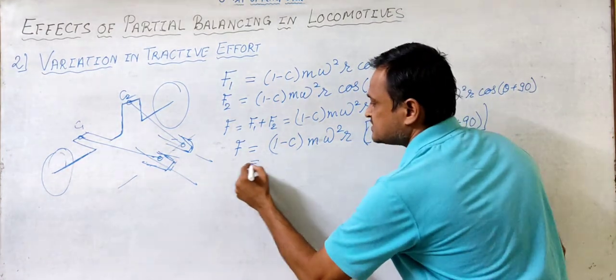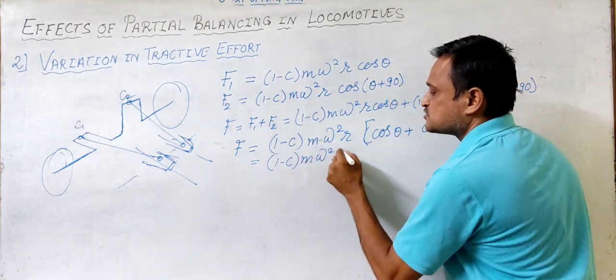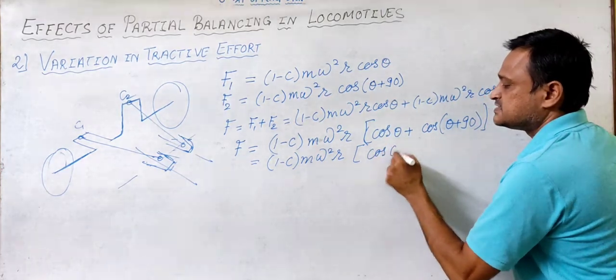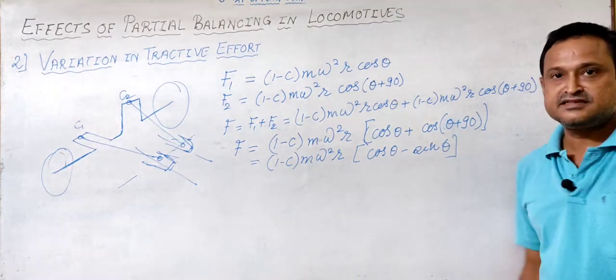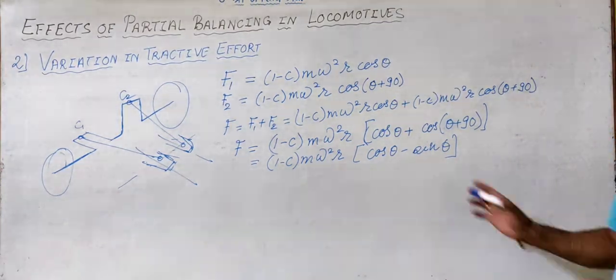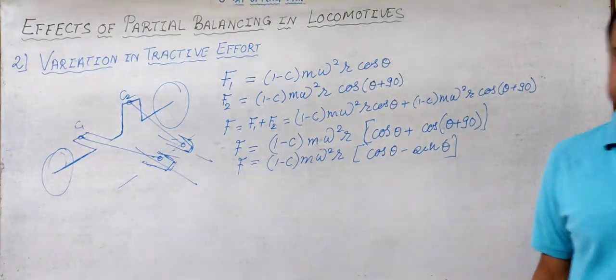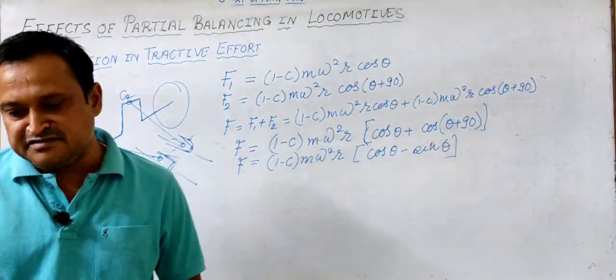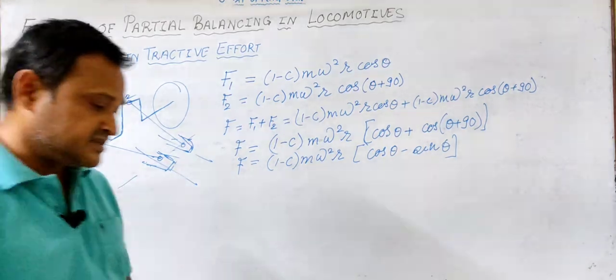Or I can say this is (1 minus C) times m omega square r (cos theta minus sin theta), right? So this will be the force which will be there in the system. Now this is continuously varying, right? So this value is continuously varying.